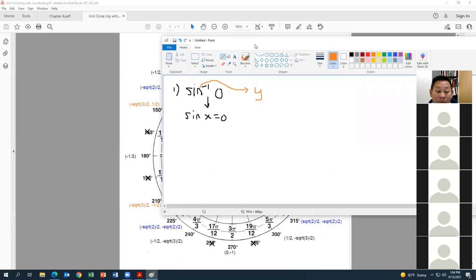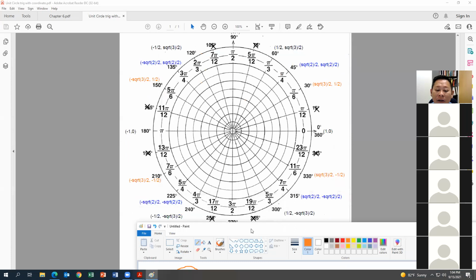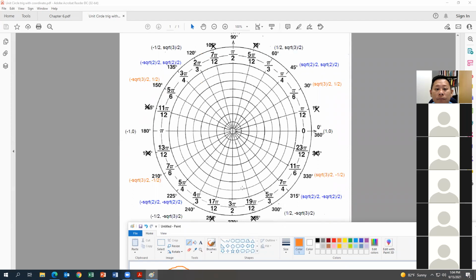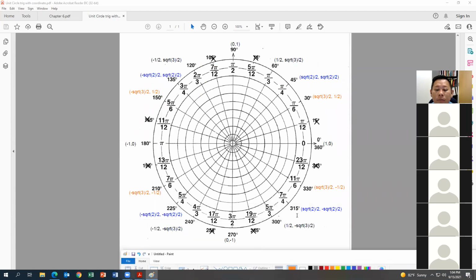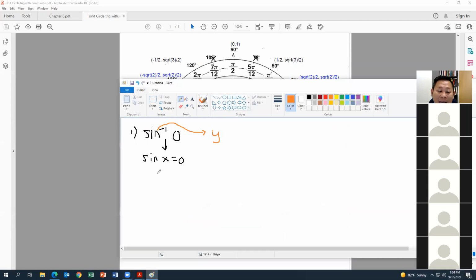If you look at this, which y value gives us 0? Yeah, 0 and pi, or 0 and 180, right? So your answer in this case will be 0 or pi.